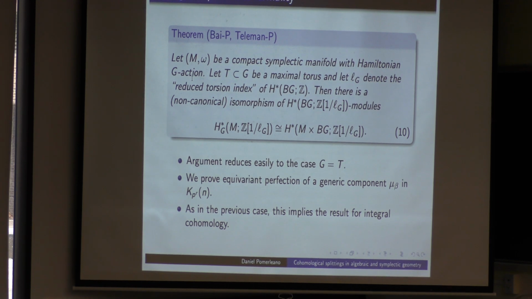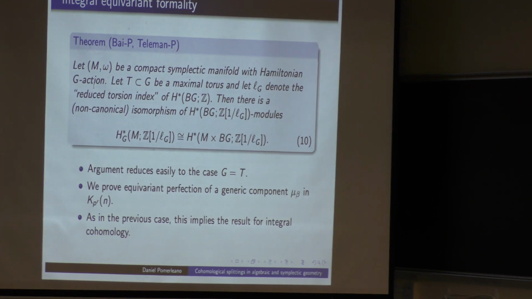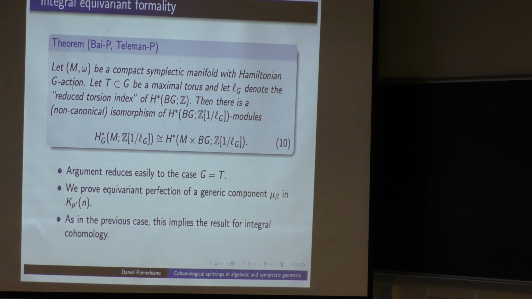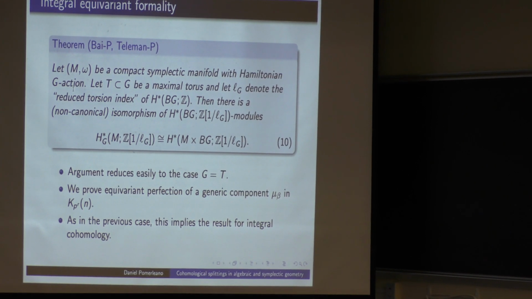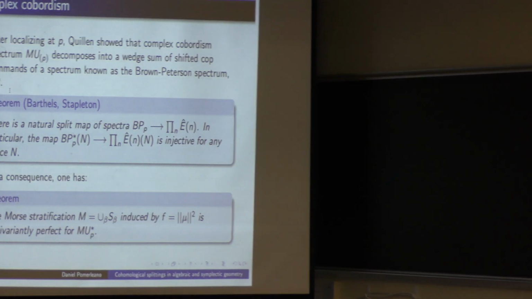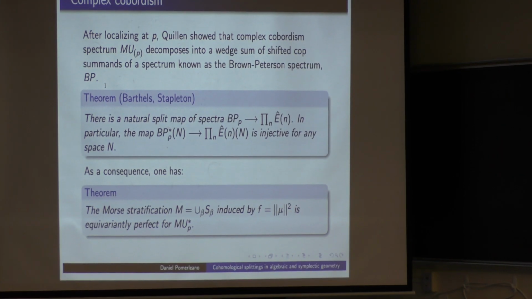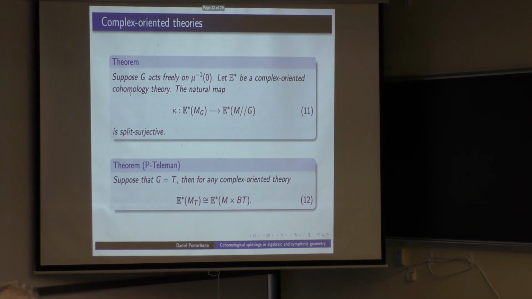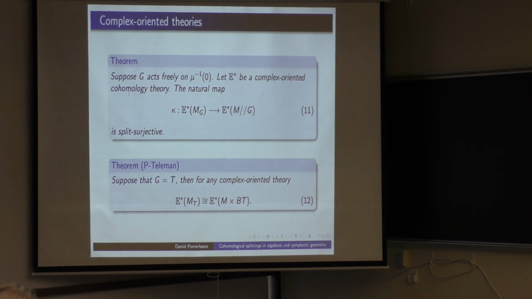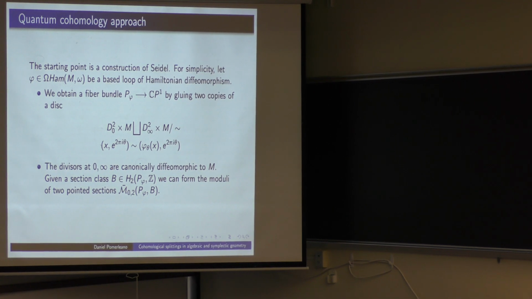So this was all kind of a meditation. I said there's a connection to Stony Brook, and that hasn't been so clearly revealed yet. You can actually make this fancier in some ways. You can do it in spectra, you can do it for any complex oriented theory, but I'll skip over that part for time.